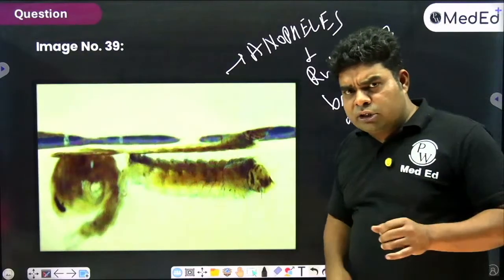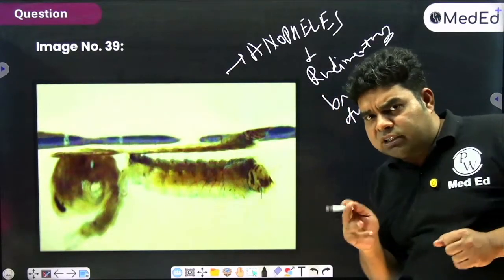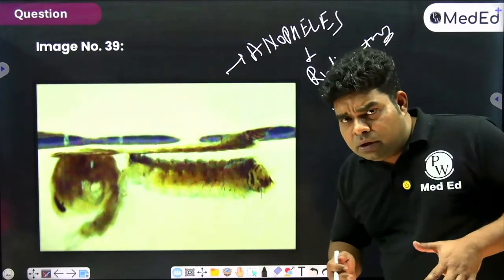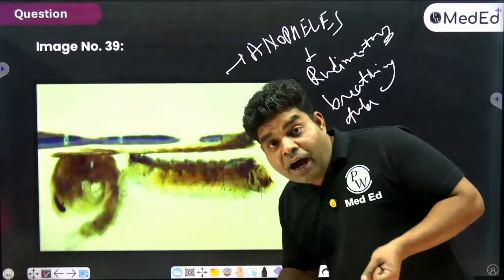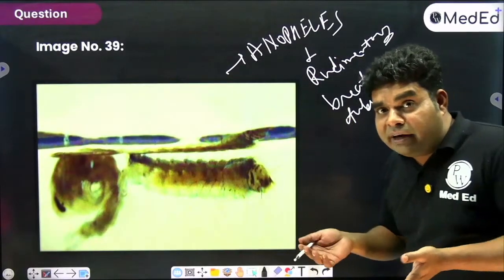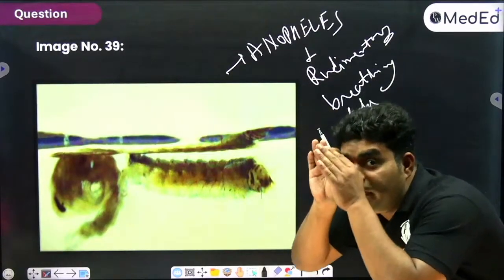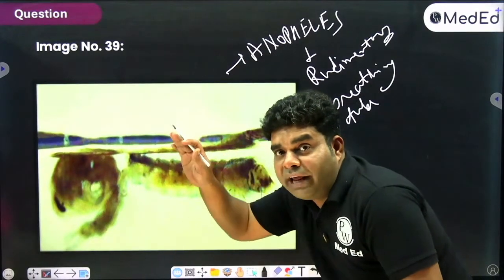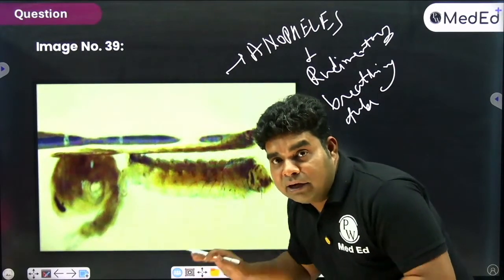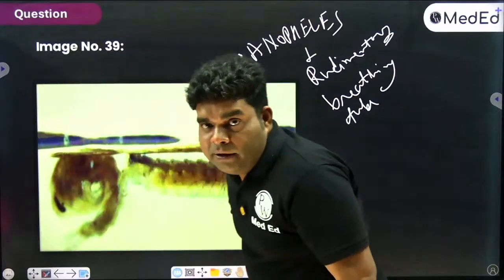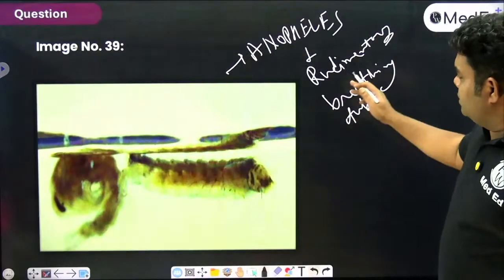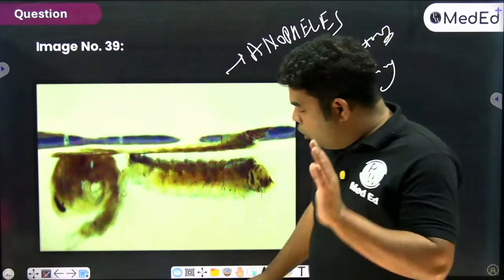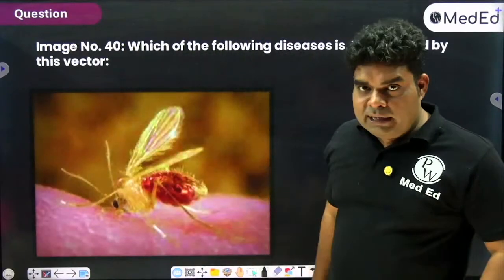What is that small thing which keeps hanging below, that small organ hanging below all of us? Appendix, very good. That is also rudimentary now. So similarly in Anopheles, the breathing tube is small and rudimentary. So Anopheles cannot hang from the water surface. It only has to float parallel. So parallel floating is Anopheles due to the rudimentary breathing tube, while Culex and Aedes will be seen hanging from it.